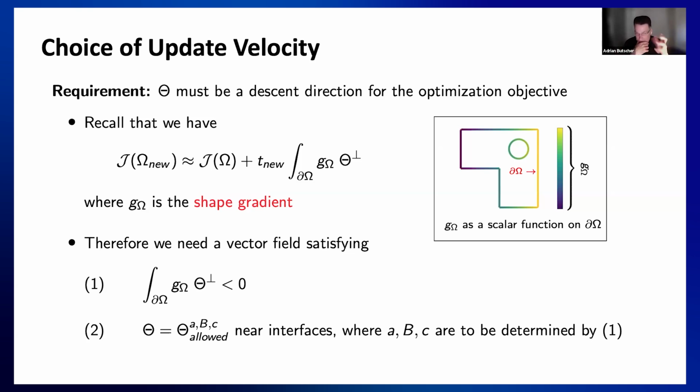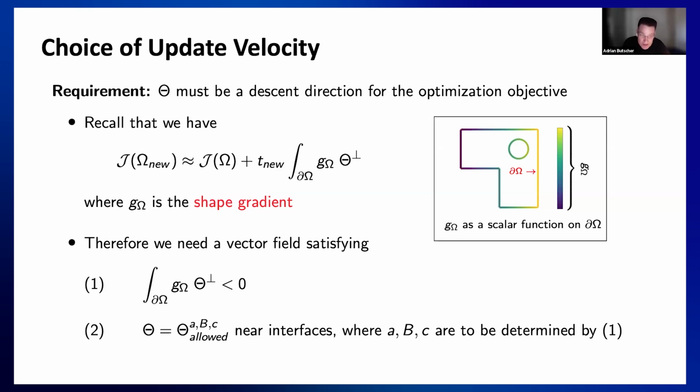It's the integral of the shape gradient against the normal component of the velocity field measured at the boundary. Therefore, in order to ensure that our theta velocity field is in the right direction, we need that surface integral to be negative. So that's requirement number 1. If that is true, then updating the shape with that velocity will cause a first order decrease of the objective function.